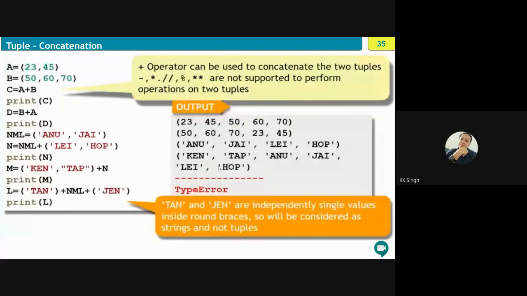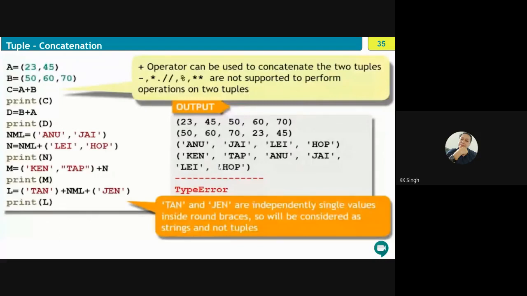As I have told you, we cannot apply any arithmetical operations on tuples. So over here, 23 will not be added to the corresponding index of the second tuple, that is 23 plus 50. It is not possible. Similarly, 45 and 60 will not be added.